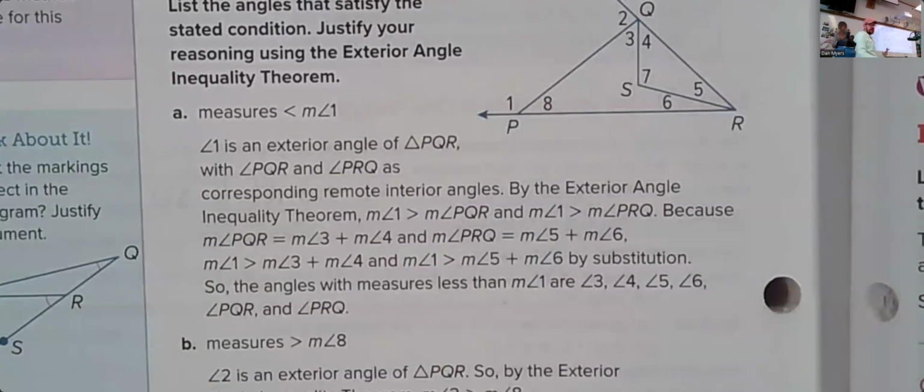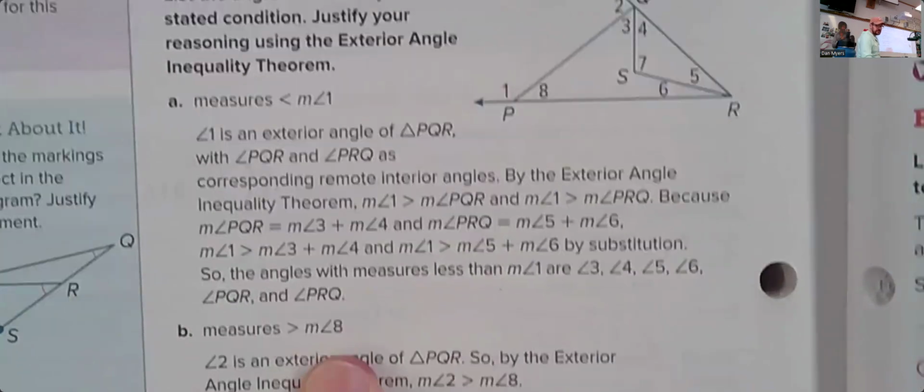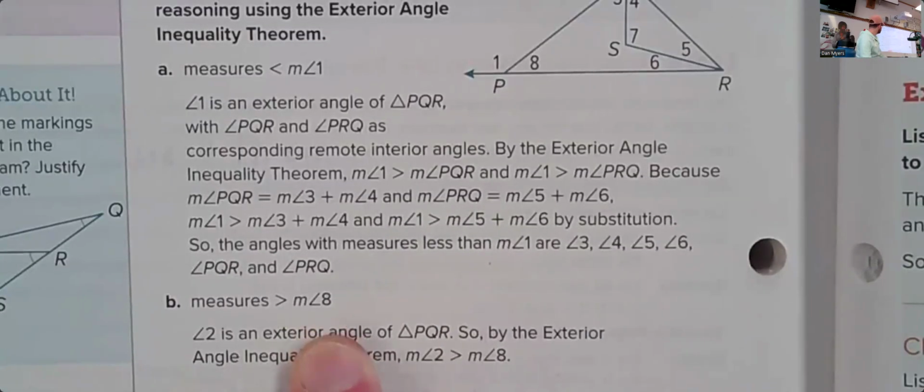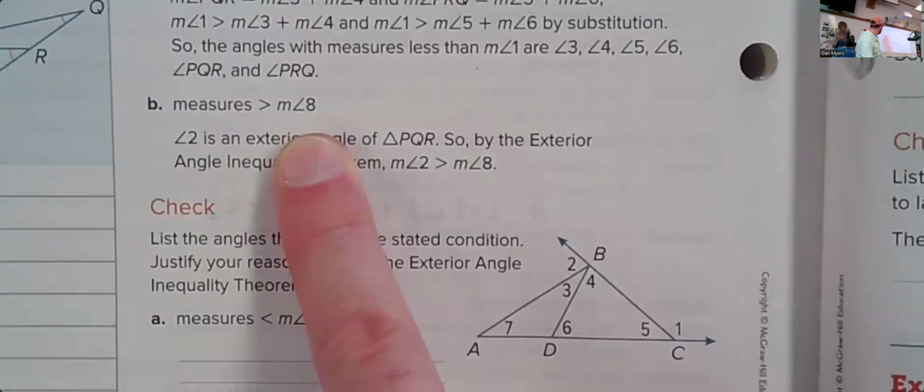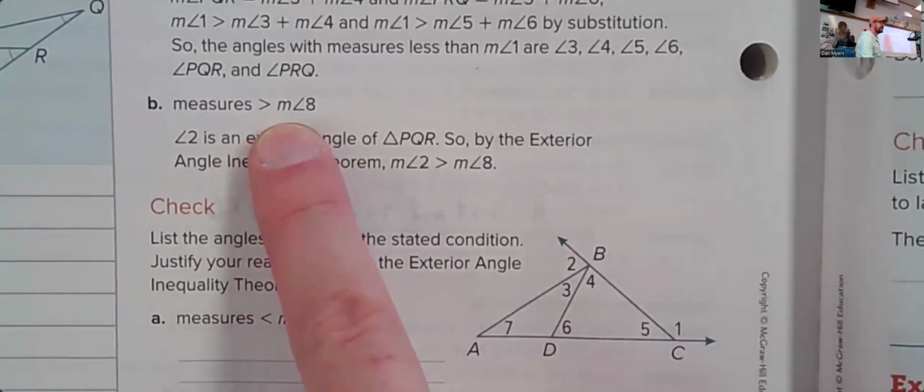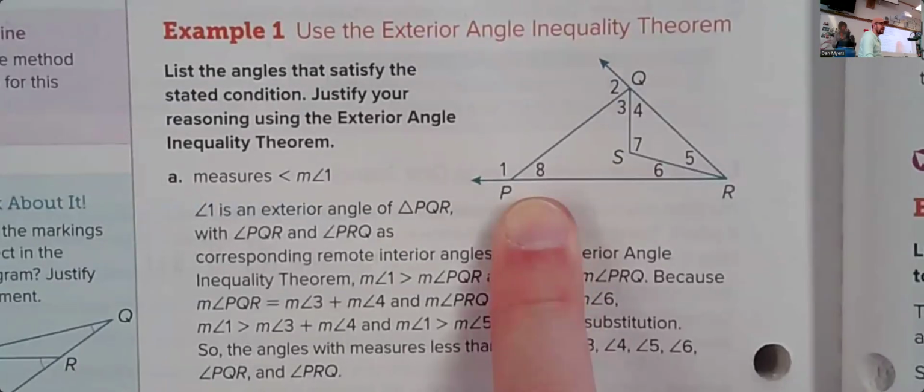So with angle 8, we're talking about measures that are greater than the measure of angle 8. So is angle 8 interior or exterior? Is angle 8 inside the triangle or outside the triangle? Inside the triangle. Okay.